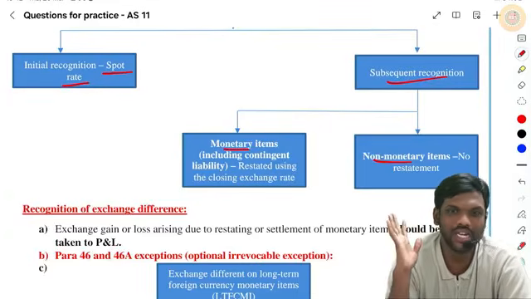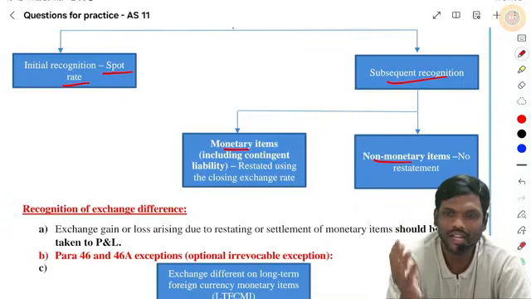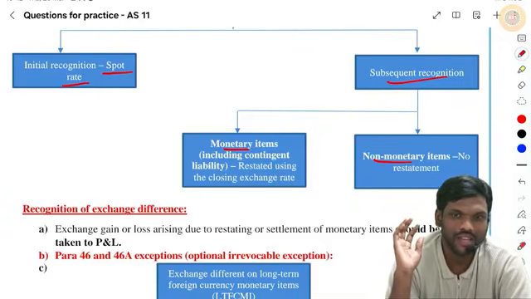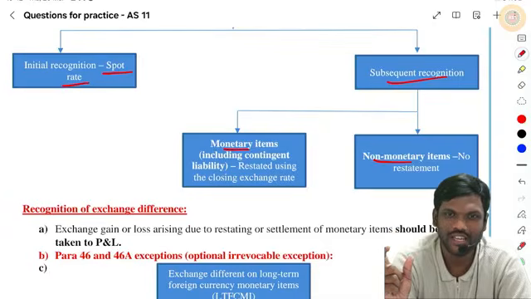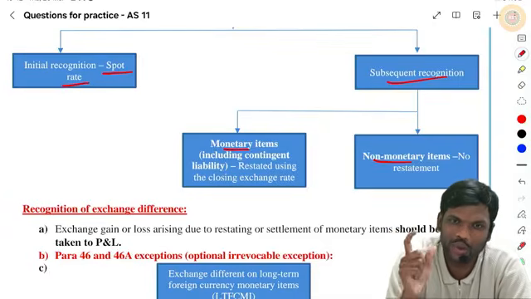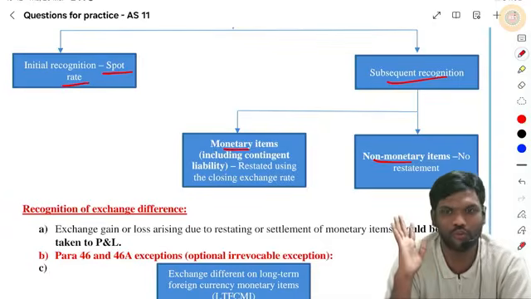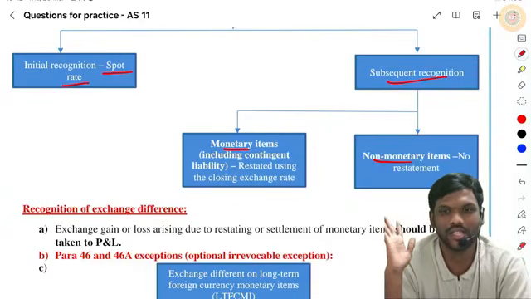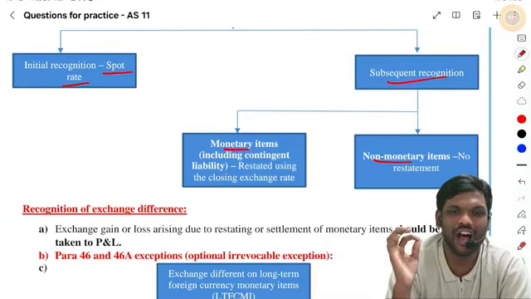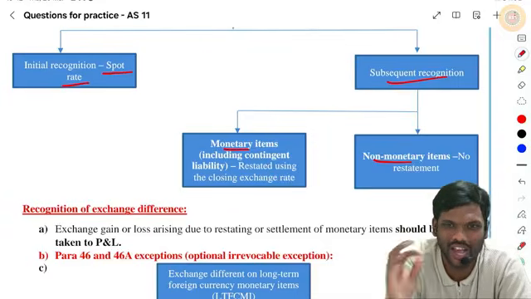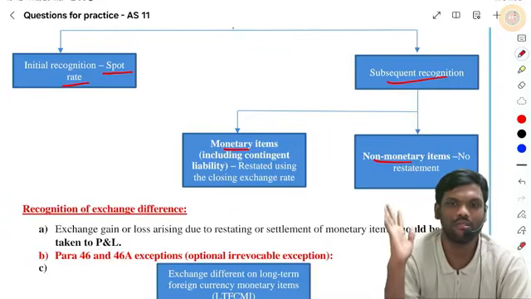On the balance sheet date, there is an asset. Now, because of exchange rate changes, if it is going to impact your future cash flows, then that is a monetary asset. If exchange rate changes are not going to impact your cash flows, then that is non-monetary.